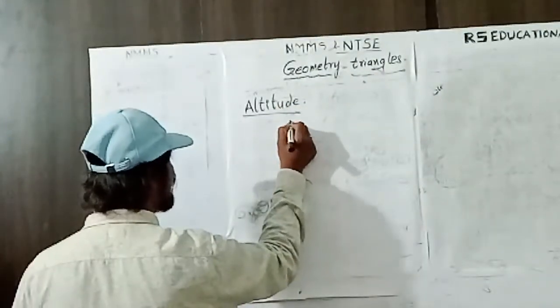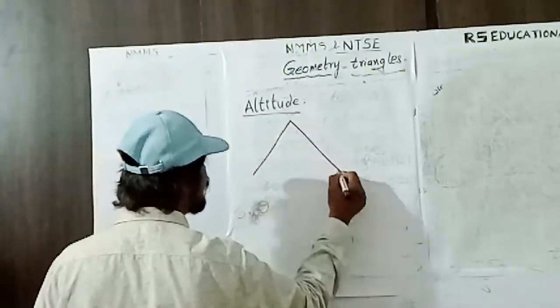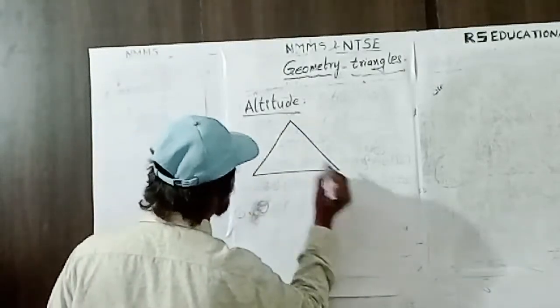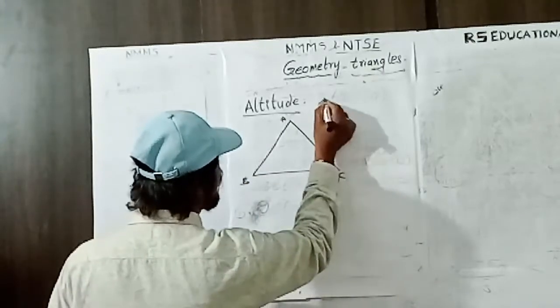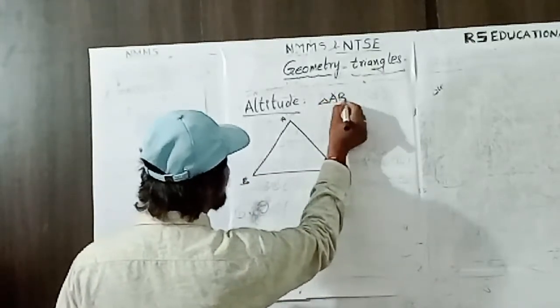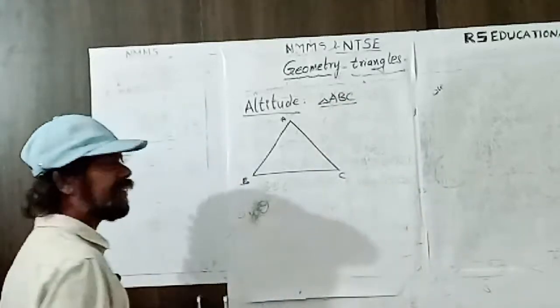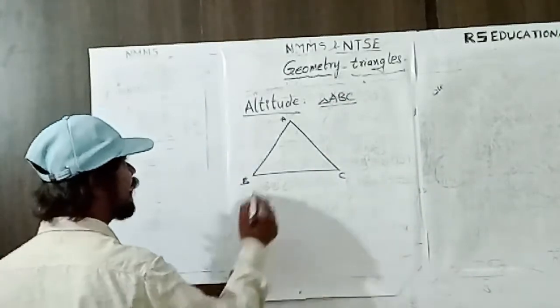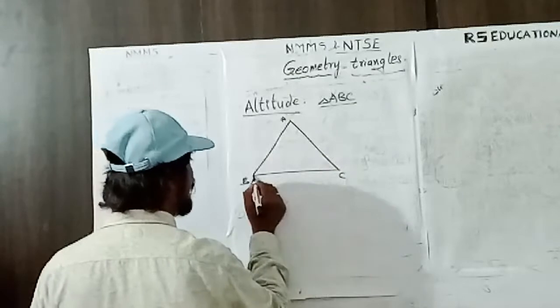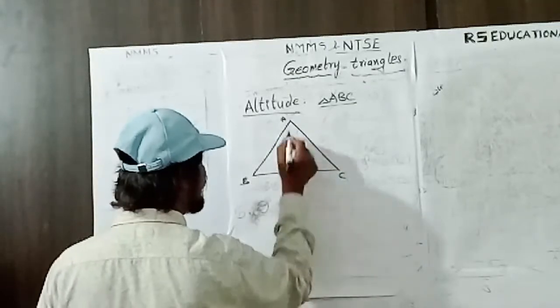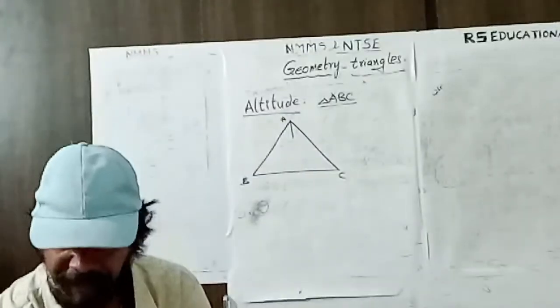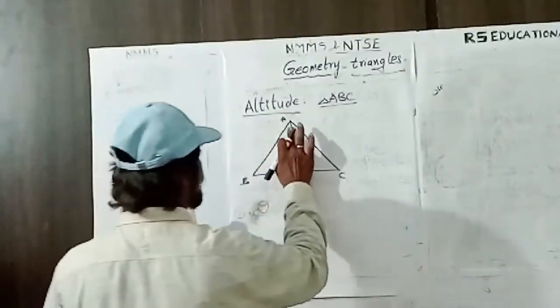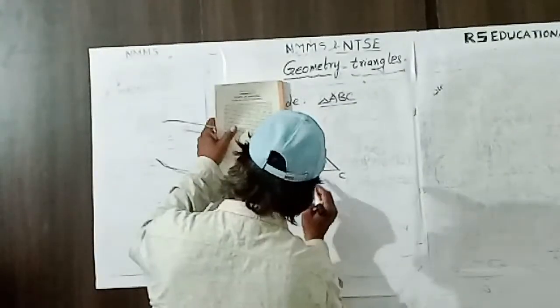If you take the case of a triangle ABC, and you draw a perpendicular to BC from the vertex A, we are drawing a perpendicular from A to BC.